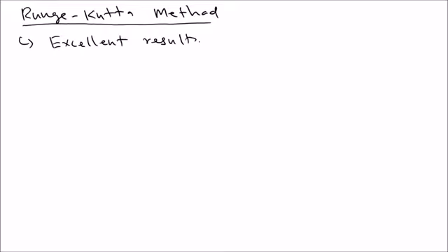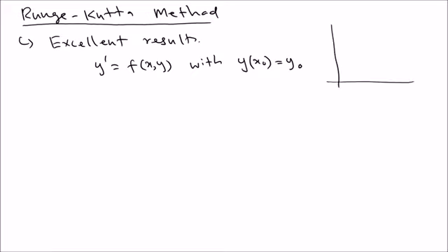Like a very similar problem. So you have y prime equals f(x, y), so the slopes are given, with an initial condition y(x0) = y0. So you know the starting point and you also know the slope.